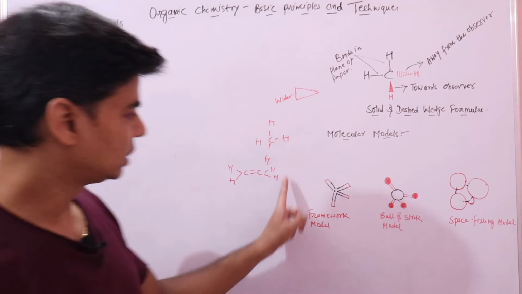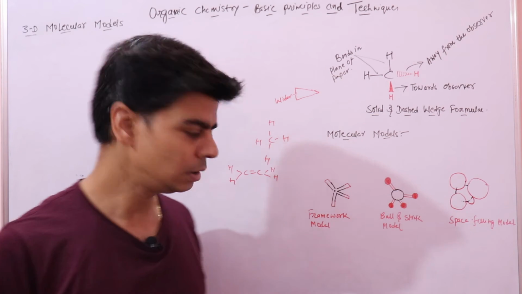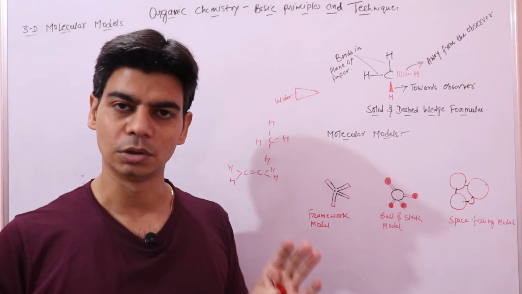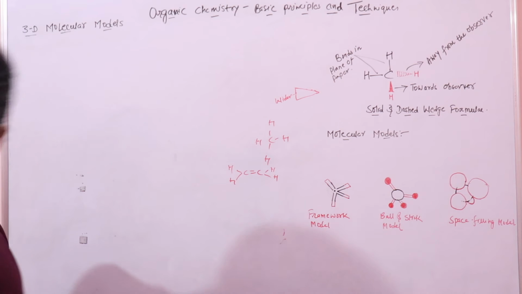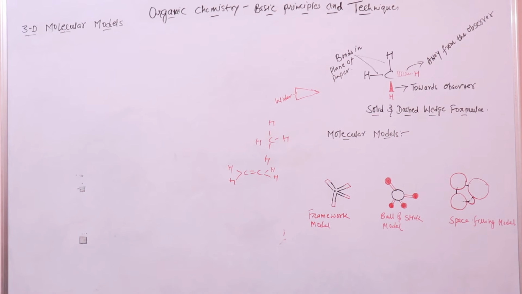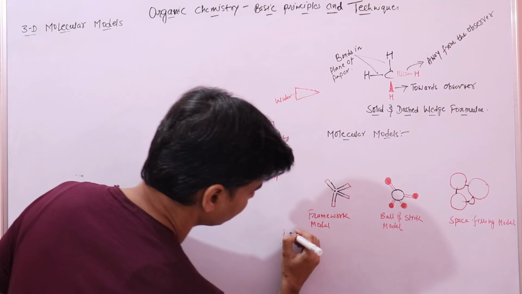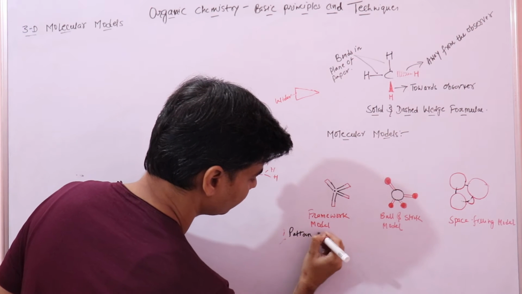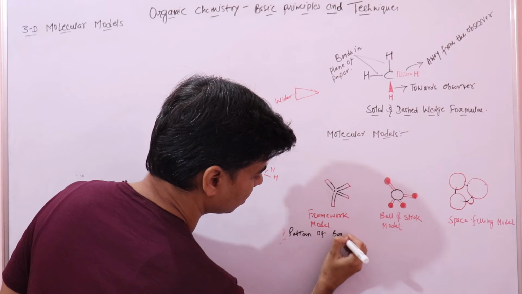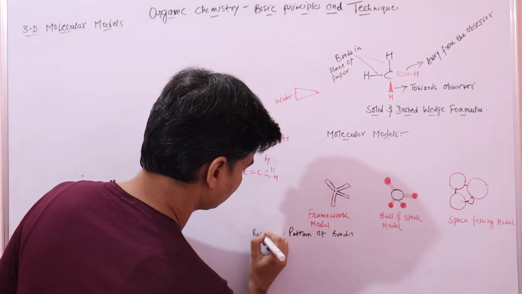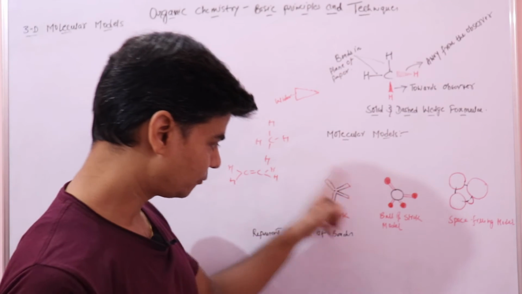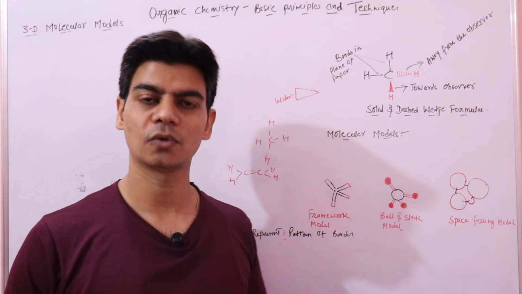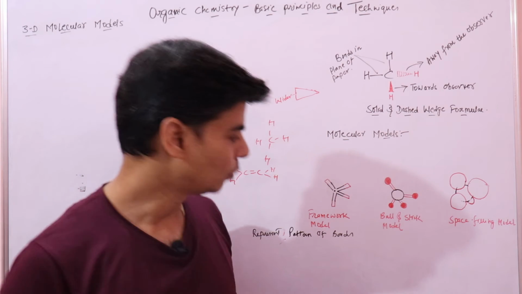The framework model represents the pattern of bonds. So this framework model is used to study the type of bonds in a three-dimensional molecule.